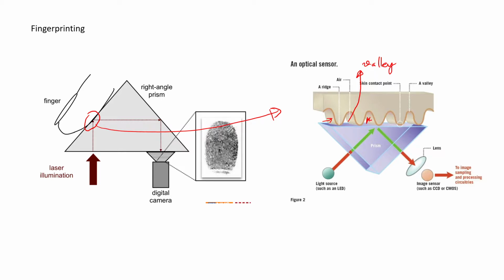Based on how it gets reflected, you can capture that reflection with a digital camera, and from there you can see the fingerprint. Once you have the fingerprint, you can convert it into ones and zeros, 10010, digital information.